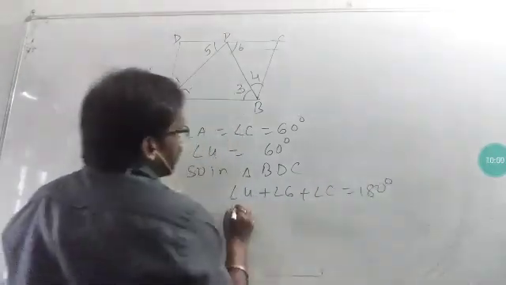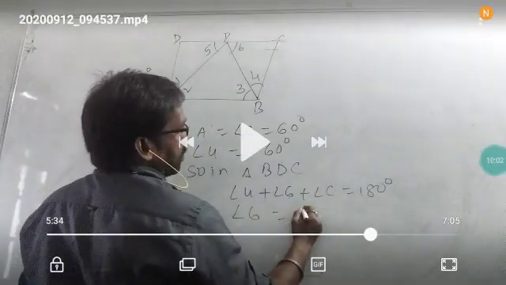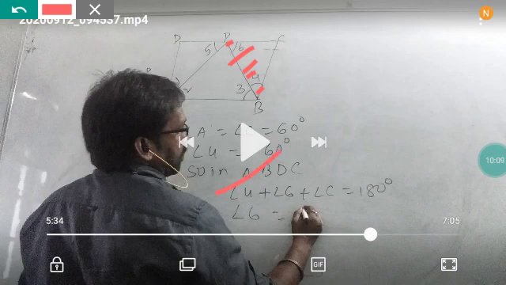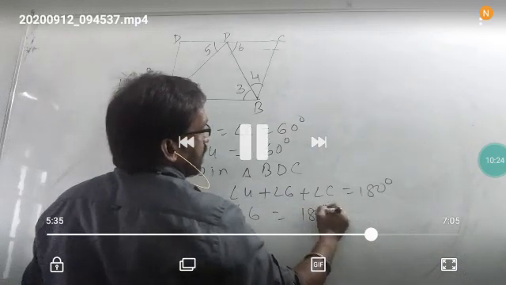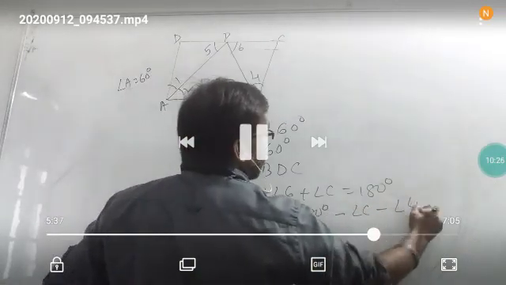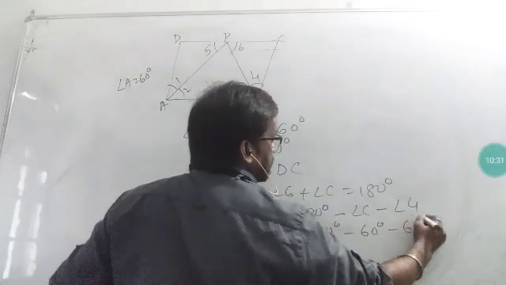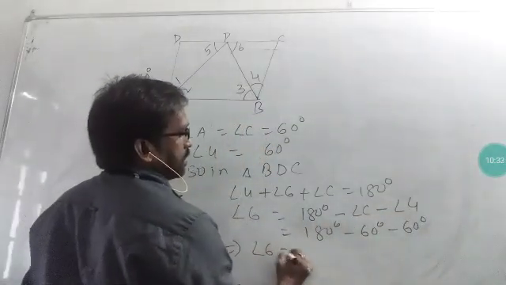So in triangle BDC, angle 4 plus angle 6 plus angle C is equal to 180 degrees, by the angle sum property of the triangle, and we can prove that the triangle is an equilateral triangle. See how? That means angle 6 is equal to 60 degrees, so all angles are equal.